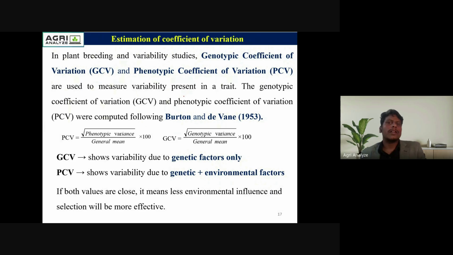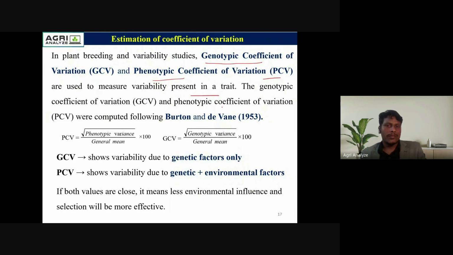Come to the estimation of the coefficient of variation. In plant breeding and variability studies, GCV, the genotypic coefficient of variation, and PCV, the phenotypic coefficient of variation, are used to measure the variability present in a trait.